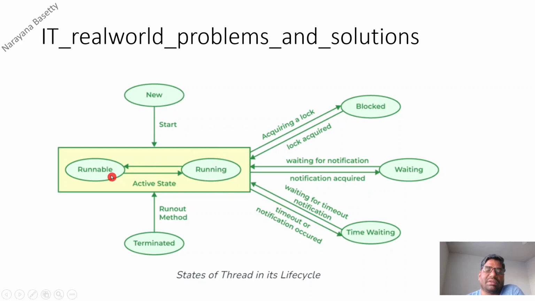It never runs immediately. It first verifies whether the hardware, the process where that thread is running, has sufficient resources. Until then, it moves to the runnable state. That means it is not going to perform anything.